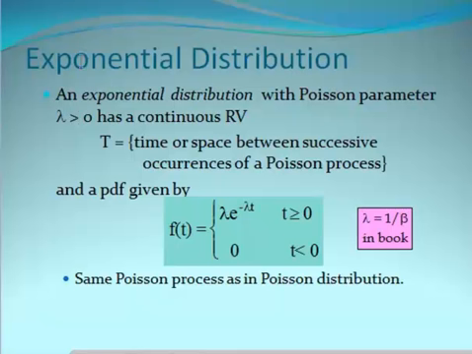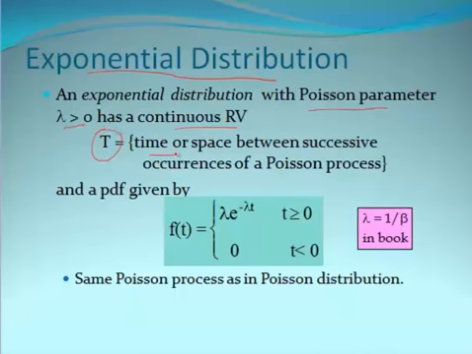So now let's go to another distribution, which is the exponential distribution, and that has a Poisson parameter, lambda. It's a continuous random variable, and we can have a time, which can be the time or the space between successive occurrences of a Poisson process.